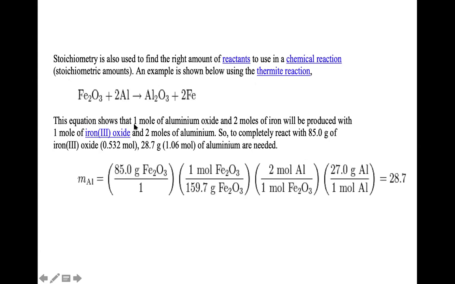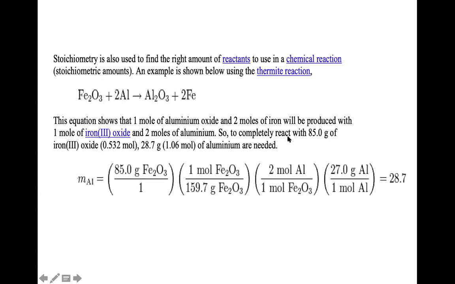This equation shows that 1 mole of aluminum oxide and 2 moles of iron will be produced if 1 mole of iron oxide and 2 moles of aluminum are reacted.